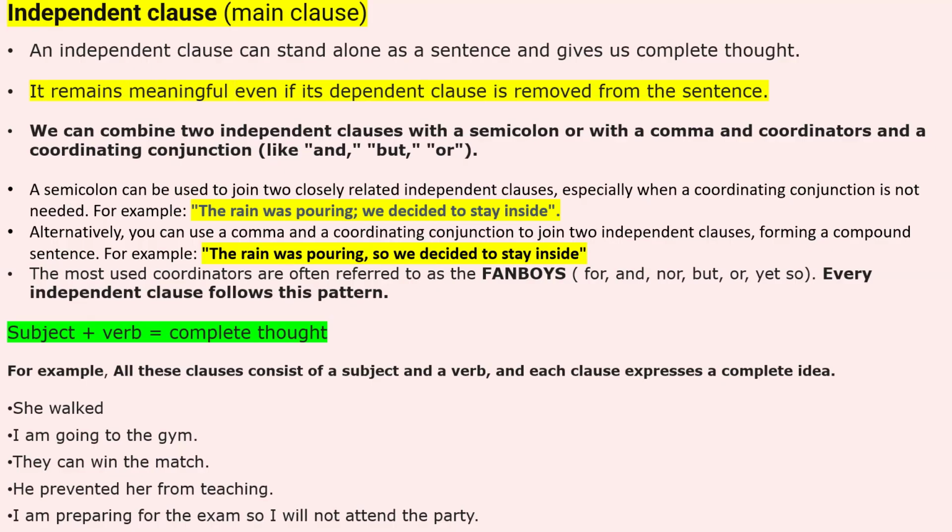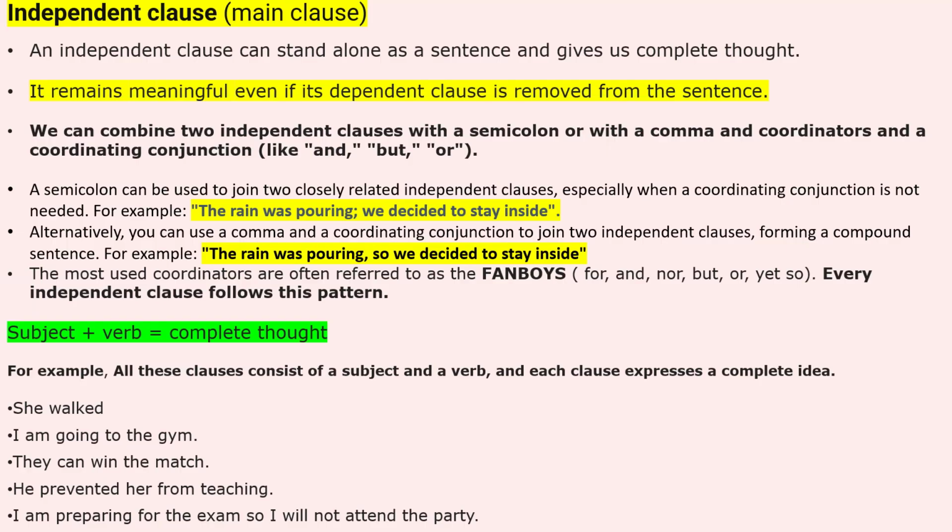Alternatively, you can use a comma and a coordinative conjunction to join two independent clauses, forming a compound sentence. With the help of a comma and a coordinative conjunction, we can join two independent clauses and it forms compound sentences. For example, the rain was pouring, so we decided to stay inside.